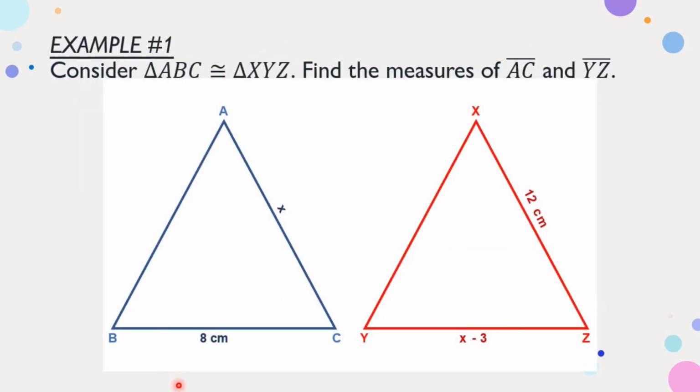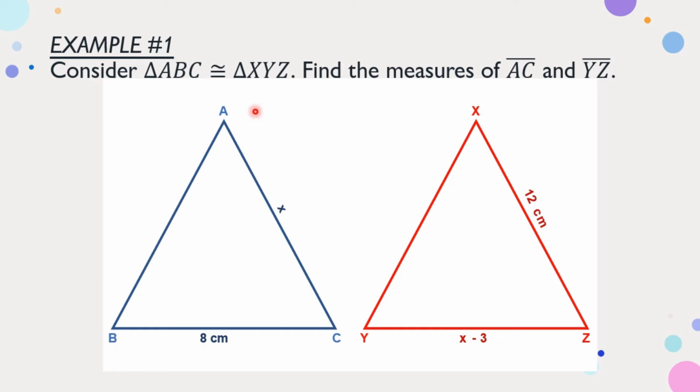Okay, so let's try applying CPCTC in algebra. Let's apply algebra in geometry. How do we do it? Let's have example number 1. Consider triangle ABC is congruent to triangle XYZ. Find the measures of AC and YZ.